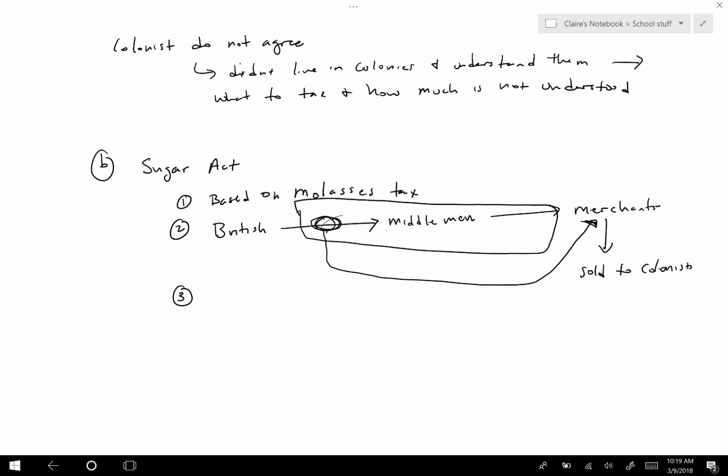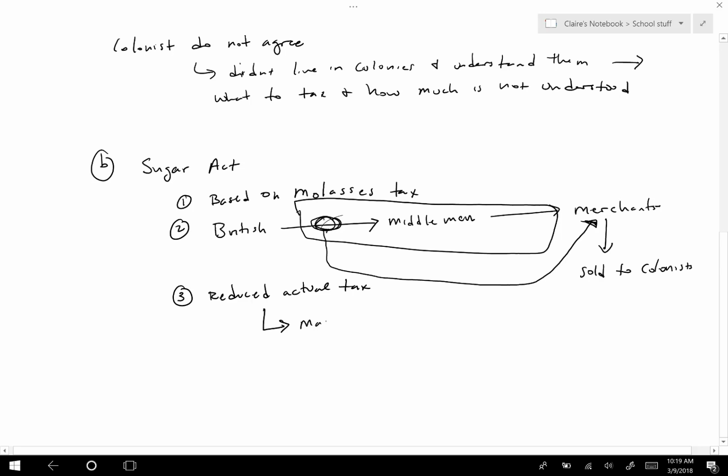The taxes weren't so much new taxes, because it was cheaper. They reduced the actual tax. But what they did, and this is where I was doing that crappy drawing for you guys, was that they made the rules harder for smuggling.